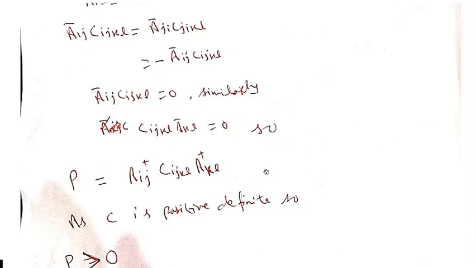From where has that come? There you have used the strain energy function, and you have said that W is greater than 0. Strain energy function is always positive, so W is greater than 0. So when W is greater than 0, S transpose C S is greater than 0, so C is positive definite. By the definition, if X transpose A X is greater than 0, matrix A is positive definite. As C is positive definite, this must be greater than 0. When this is greater than 0, P is greater than 0.